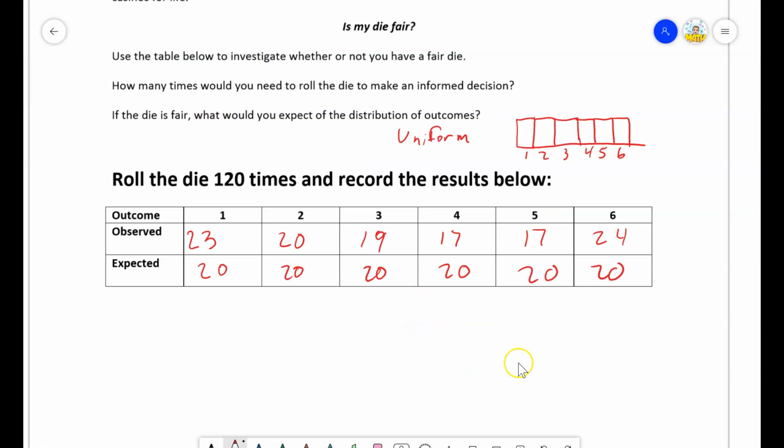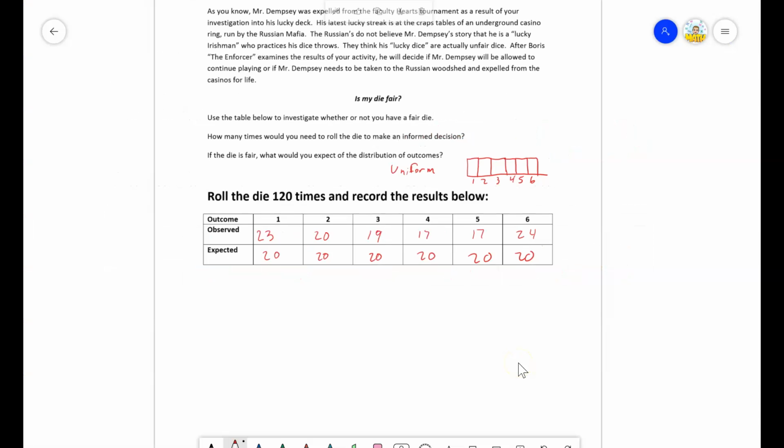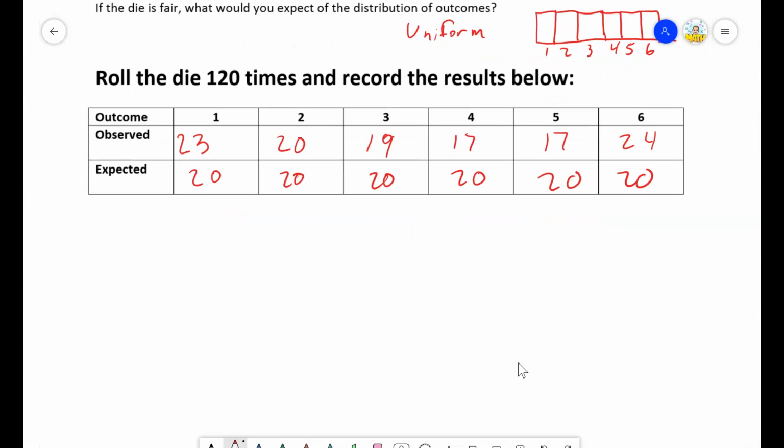So let's hash out what that would look like. If we were to take a summation of that quantity, observed minus expected, squared each time, divided by expected, what would that look like?